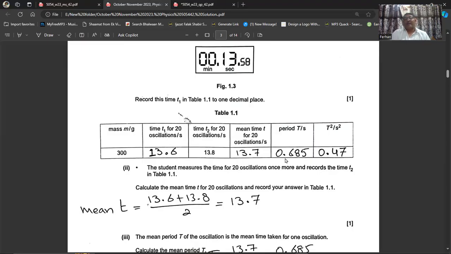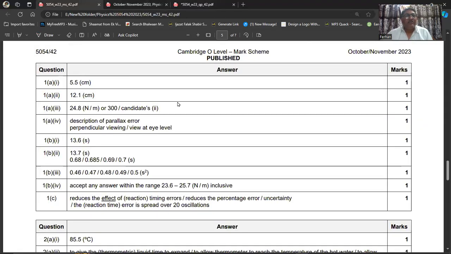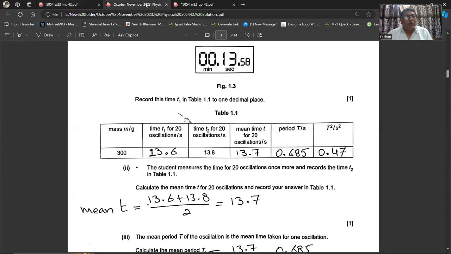And then you square it, you will get 0.47. So I hope you understand how we have done this table. So let me show you. So these are the readings, 13.6, and then you have 13.7 seconds, and these are the times which are coming up.